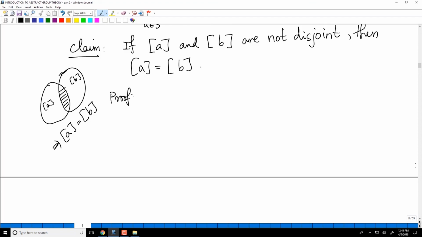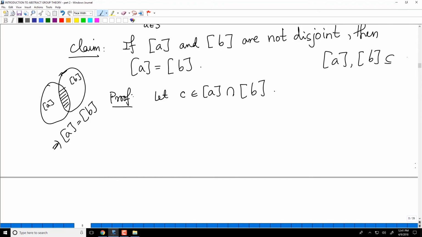What is the proof of this? Remember, these are not disjoint, meaning there is some common element. So let's say c is in the intersection of the class of a and the class of b. See, all of this is happening within S. So these are subsets of S, and they have something in common. So c is in both of the equivalence classes. That means a is related to c and b is related to c, right?